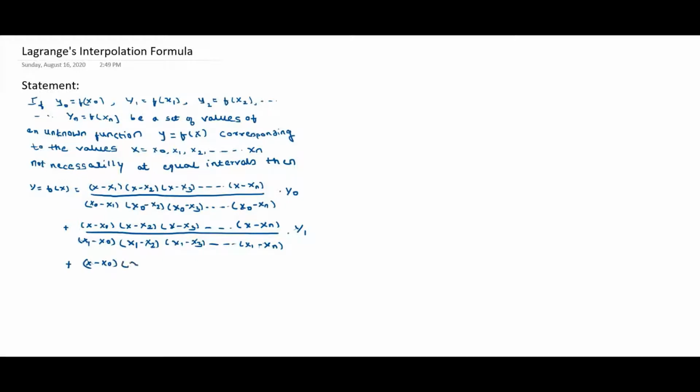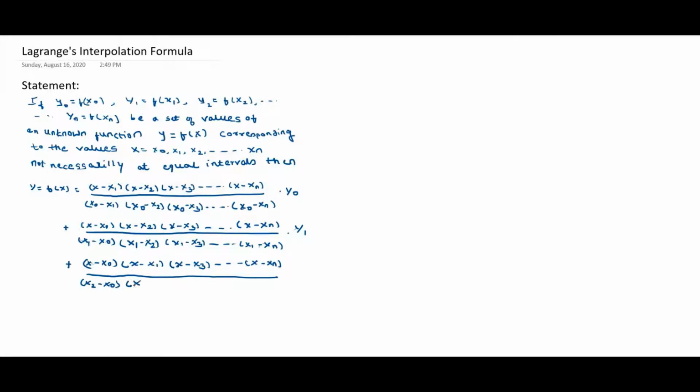Next plus. Similarly, you can write the third term, that is x minus x0, x minus x1. In the third term, you do not write x minus x2. You can write directly x minus x3, and so on, x minus xn, divided by. So here x2 is absent, which means the denominator starts with x2, x2 minus x0.